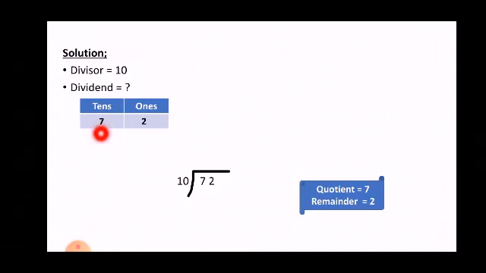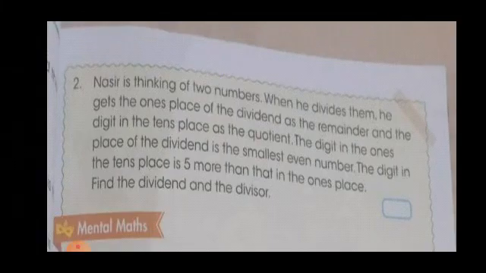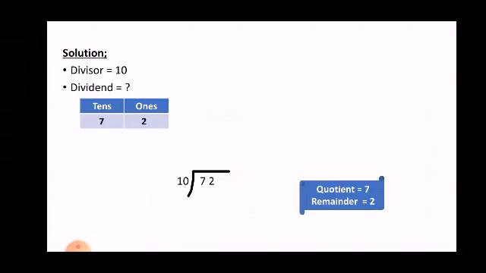Now we have to find out the dividend. So here is the point that explains how we find the dividend. The digit in the ones place of the dividend is the smallest even number. Now tell me, what is the smallest even number? Even numbers are 2, 4, 6, 8, 10 and so on.